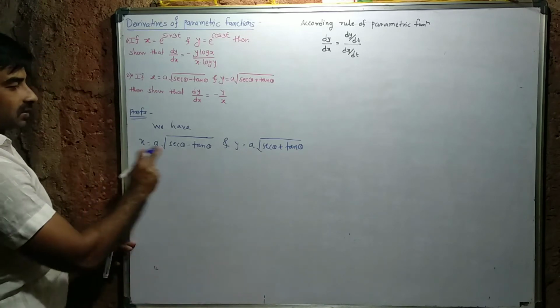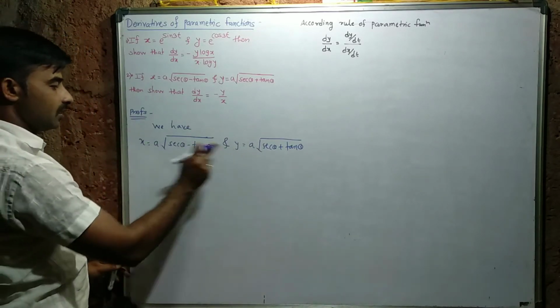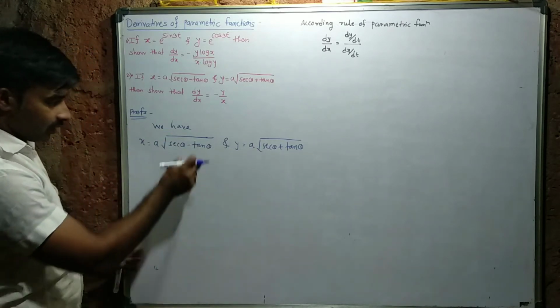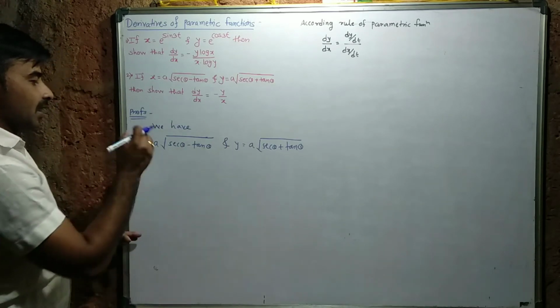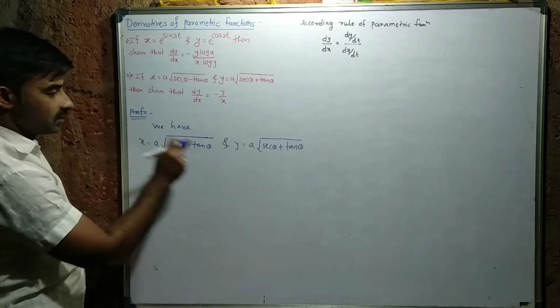That means x is a function of theta and y is also a function of theta. That means these two are related with each other by using an intermediate variable theta. That means theta is a parameter here. And therefore these two are parametric functions, and x is a function of theta.